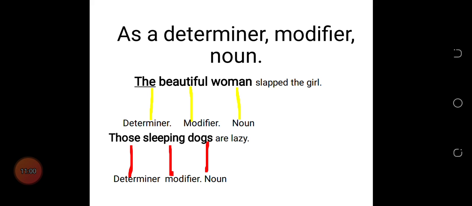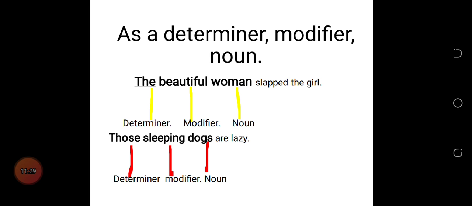Okay, so we have the verb taking the ing form. So those sleeping dogs are lazy. We are describing the kind of dogs here. I hope that is clear. So with this, we have those sleeping dogs forming a noun phrase. So those a determiner, sleeping as a modifier, and then dogs as a noun.